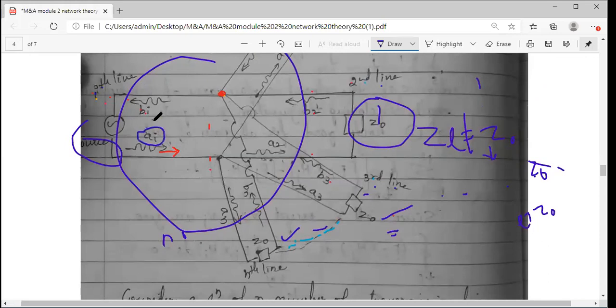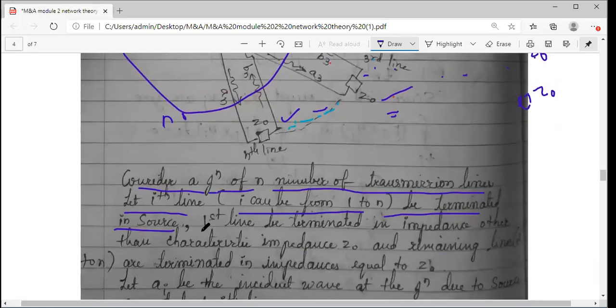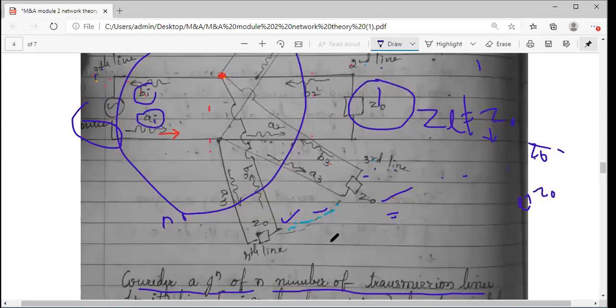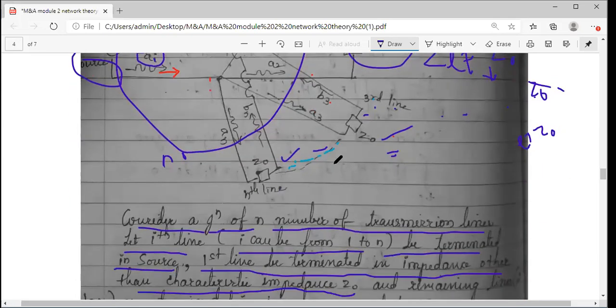So whatever waves are there, incident and reflected, I am using the subscript i, Ai and Bi. Regarding the first line, let it be terminated in the load impedance ZL, which is other than the characteristic impedance Z0. ZL is not equal to Z0.